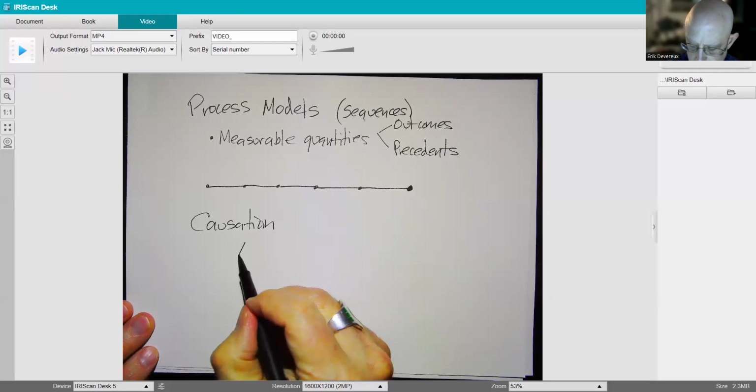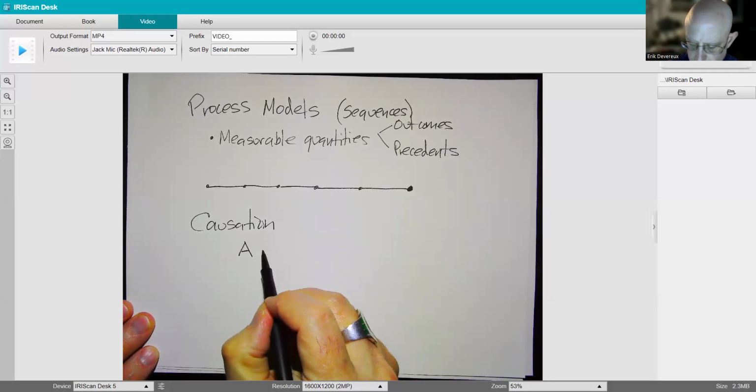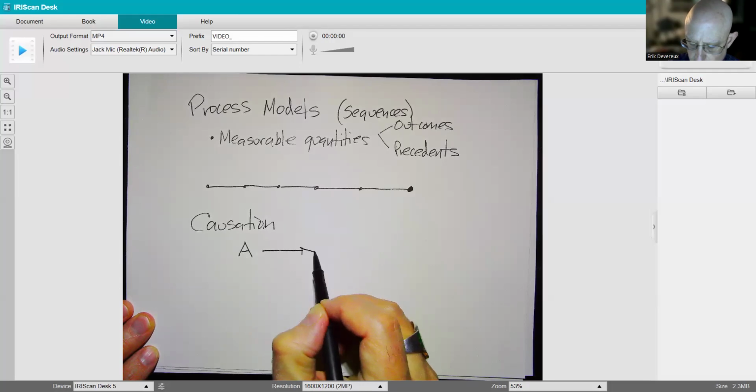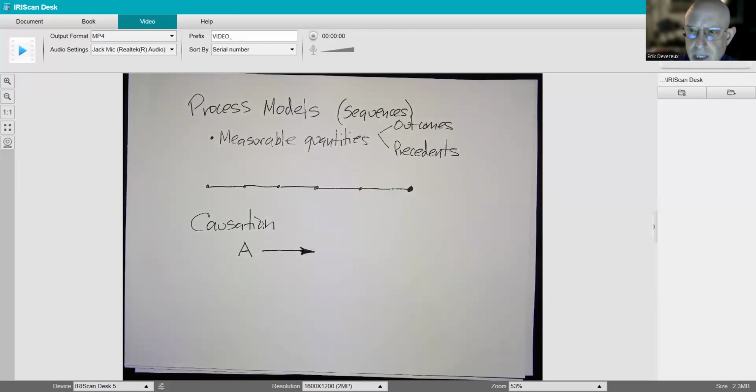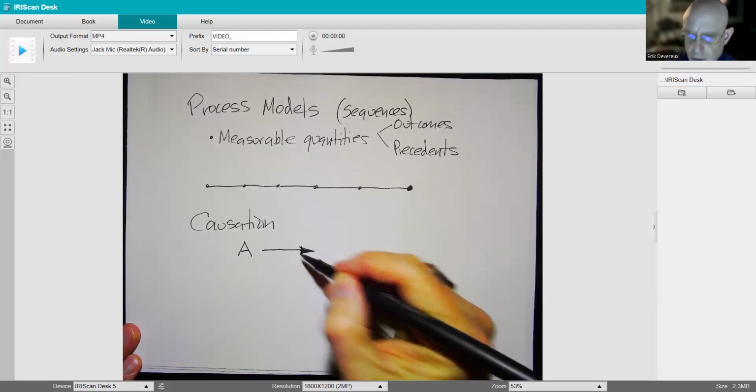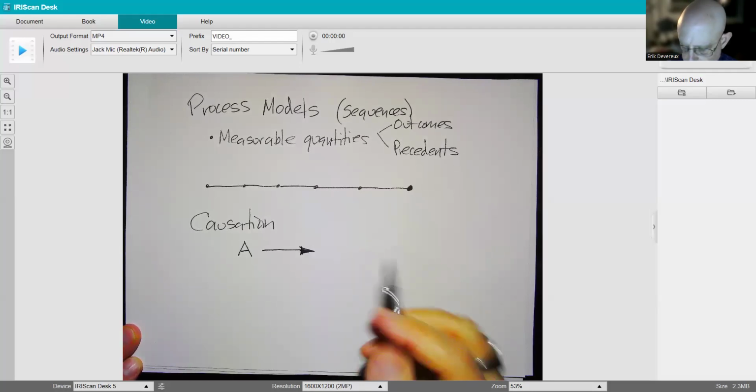But in general, I adopt the description of causation that is offered by Judea Pearl in an absolutely amazing book called The Book of Why. If you've never read The Book of Why by Judea Pearl, I highly recommend this book to you. It is one of the most important books, I think, written in the last 50 years.